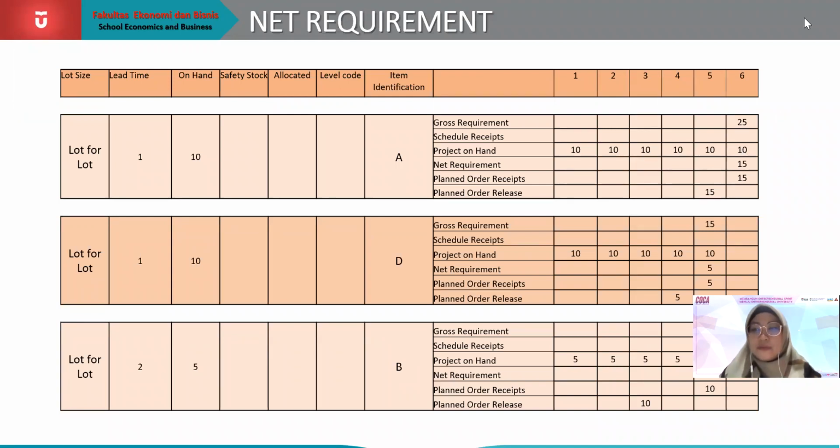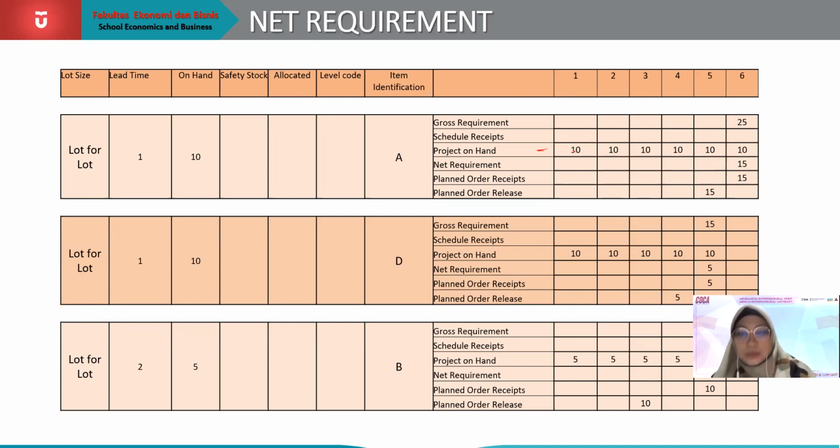Okay, let's start. You know that in week 6, you need to make 25 office chairs. So these office chairs must be finished in week 6. There is no schedule received, there is project on hand. And this number, you need to write it on weeks 1, 2, 3, 4, 5, 6. Why? Because along the process, this project on hand is still in the warehouse until it is used in week 6.